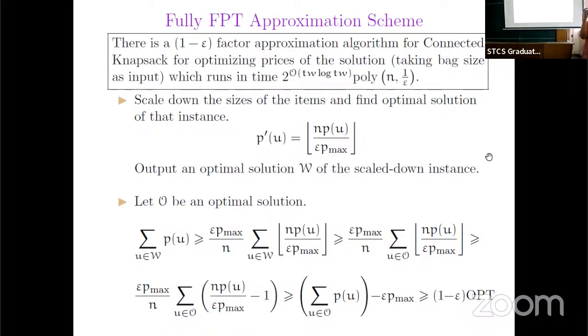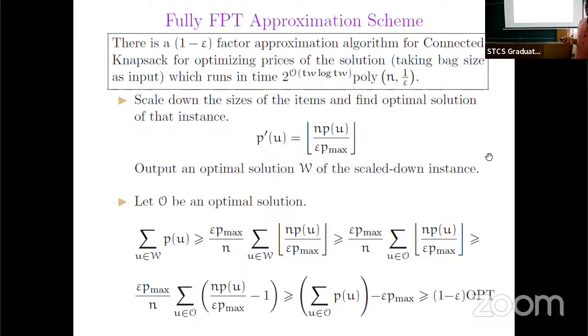So to begin with, if some item has size more than the batch size, you can never take that item, so you delete that item. So what is fully FPT? That is polynomial here, poly of n and 1 by epsilon. It's FPT, yes, because this is not... okay, that's true. This is the name I came up with.